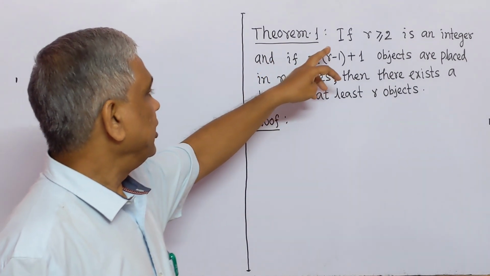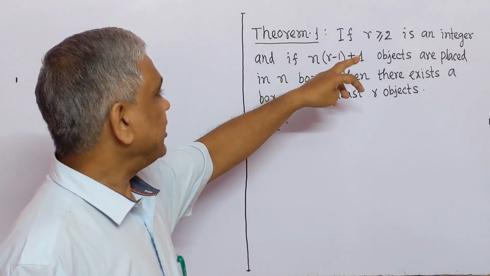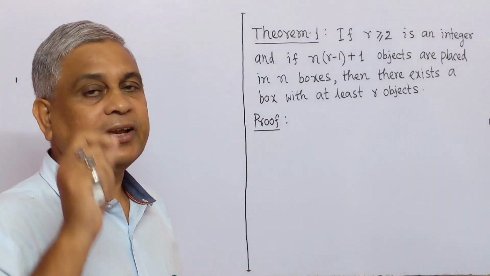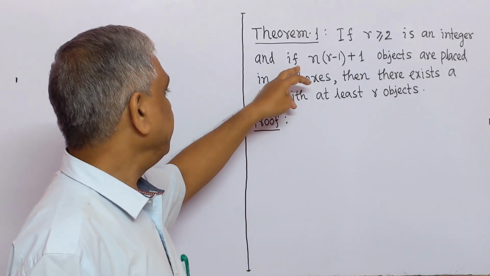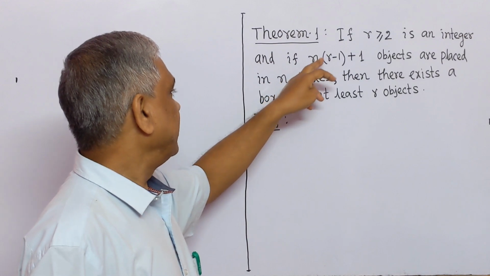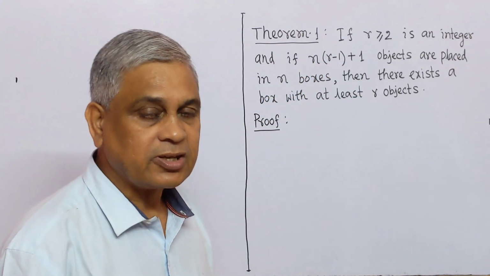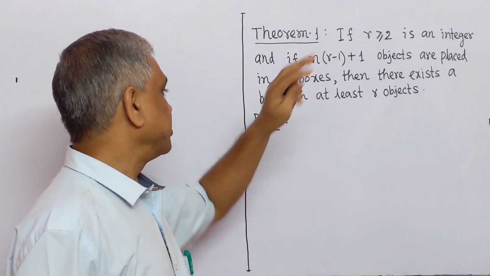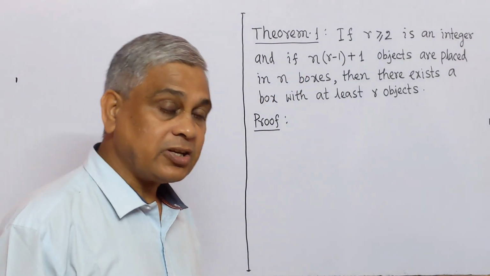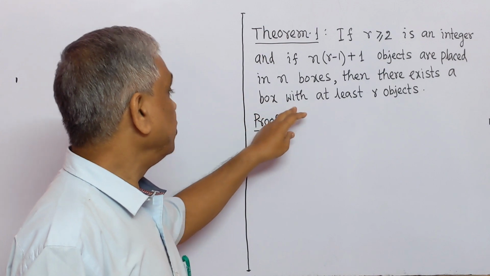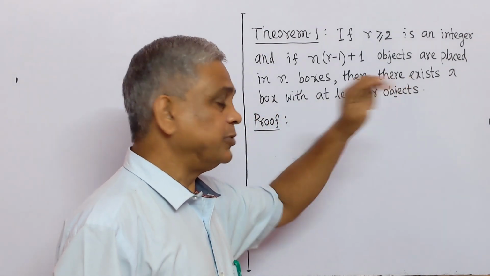Statement: If r is greater than or equal to 2 is an integer, and if n multiply (r minus 1) plus 1 objects are placed in n boxes, then there exists a box with at least r objects.